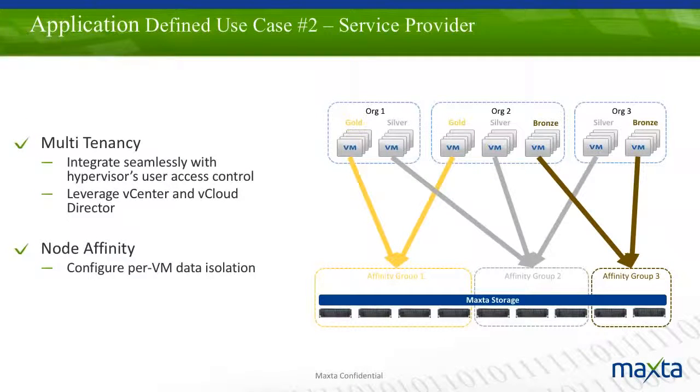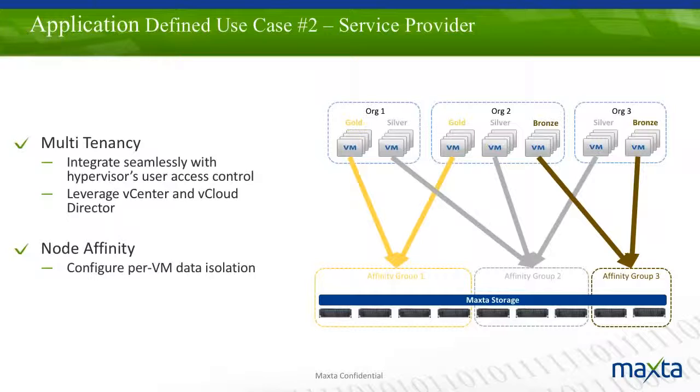All right, so our next use case has to deal with another attribute that we can set, and I'll show this in the demo coming up here. Those of you that work in the service provider space or even have multiple tenants are familiar with using something like vCloud Director to do some fencing around networking and compute, and some of the other attributes that you can run inside of vSphere.